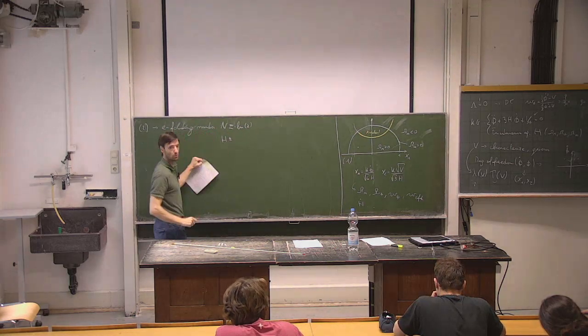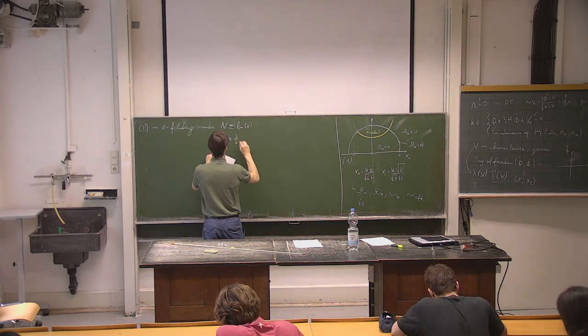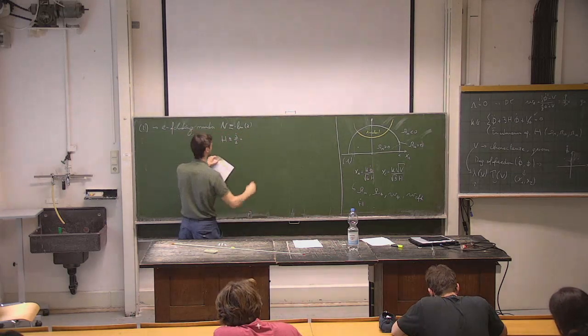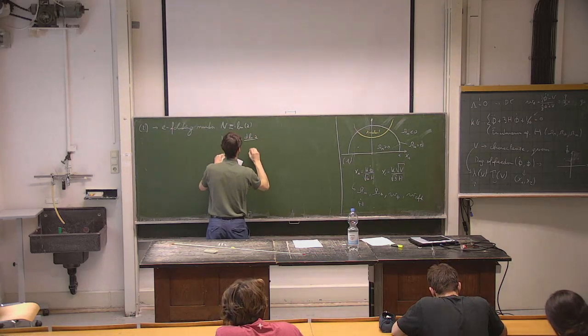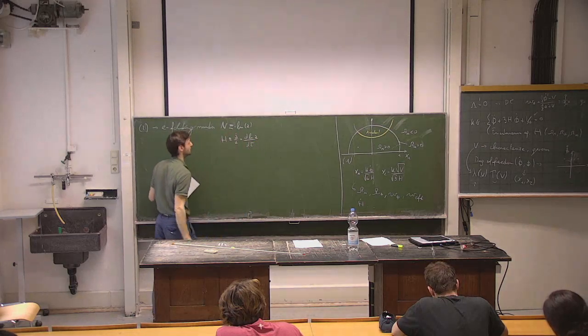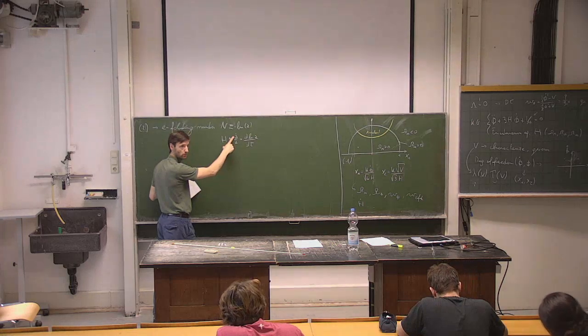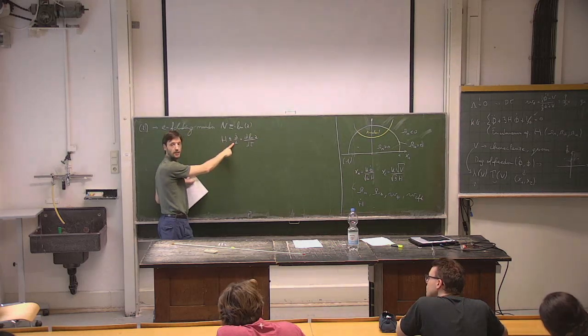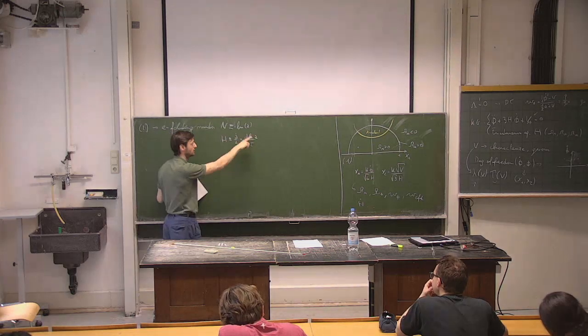To do that, we use the definition of the Hubble function, which is a dot over a, the derivative of a with respect to time divided by a itself. That's a logarithmic derivative, the derivative of ln a with respect to tau.